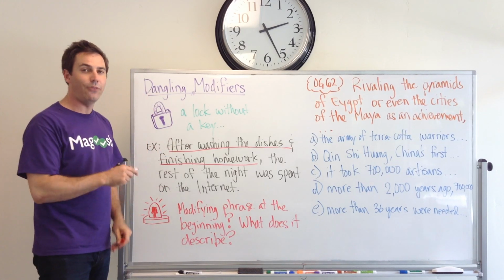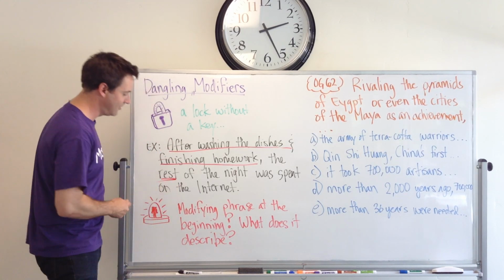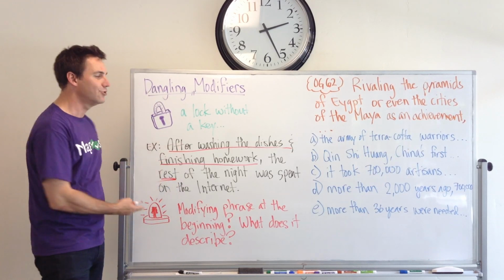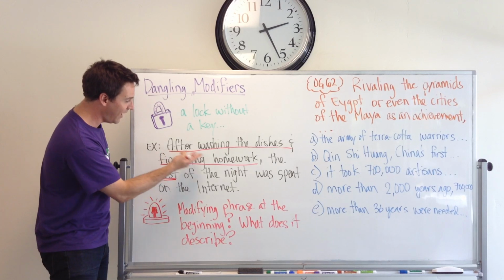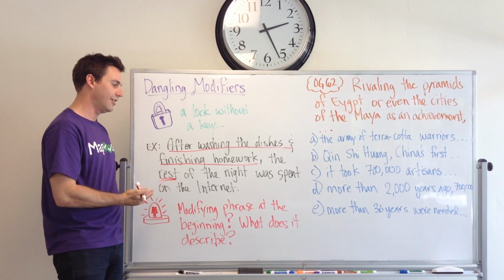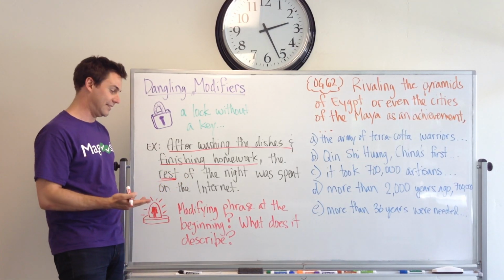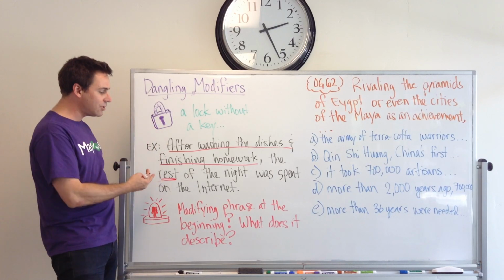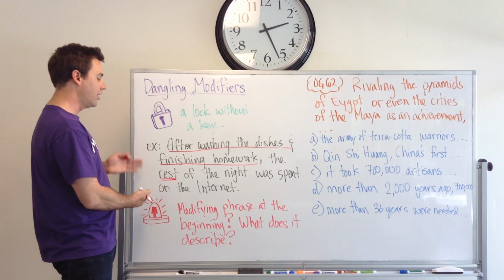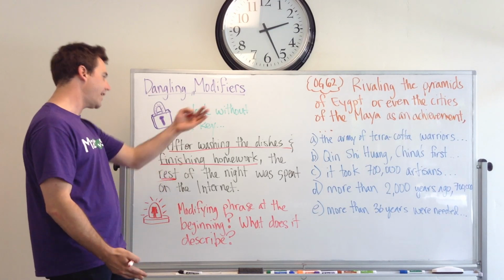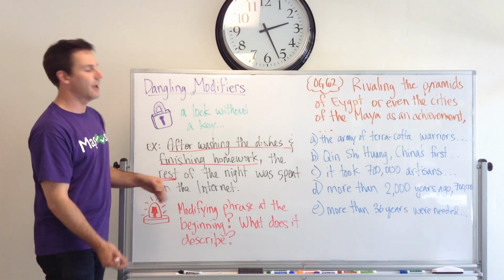Well, look at the noun that comes next. Rest. Rest can't do those things. It's impossible for rest to do any of this, washing dishes or finishing homework. That's ridiculous. So it's a logical error. There's no person here to show this is the person that actually did the washing of the dishes and finishing the homework.